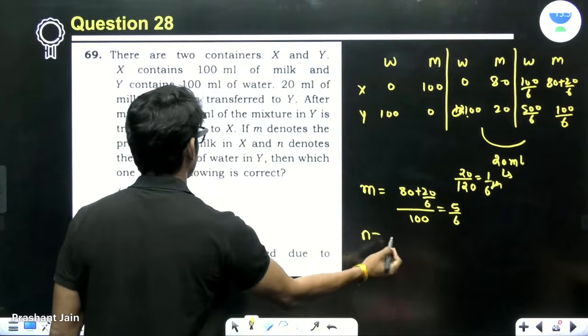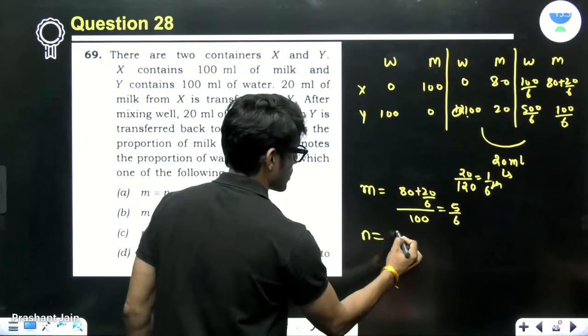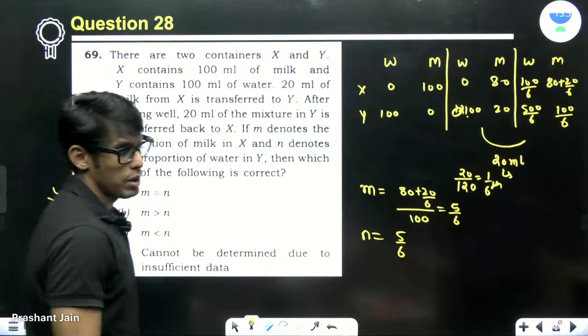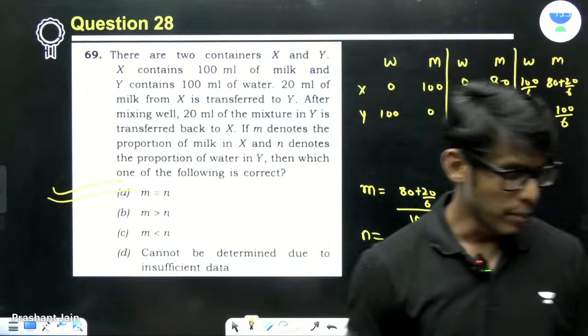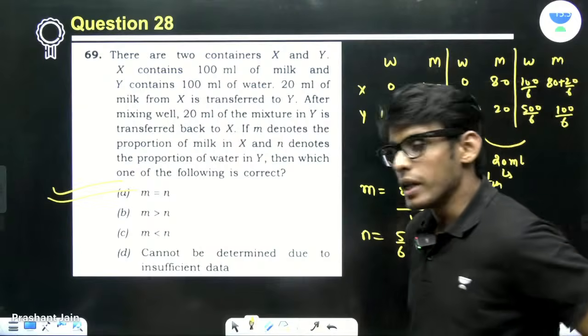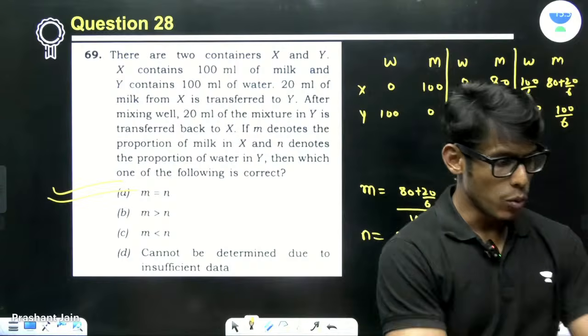Now N denotes the proportion of water in Y. It is again 5 by 6. So M equals N. This is the important part.